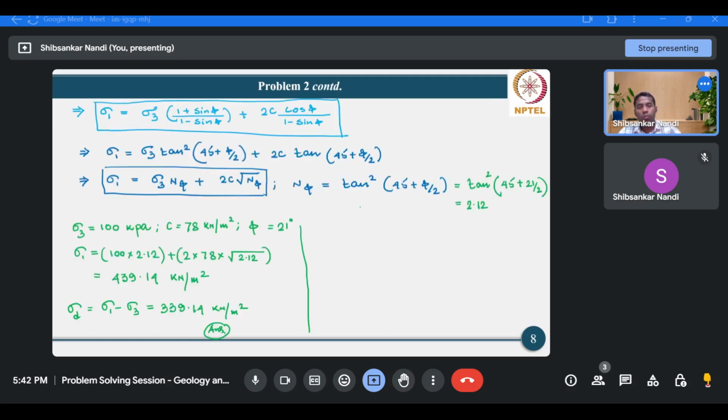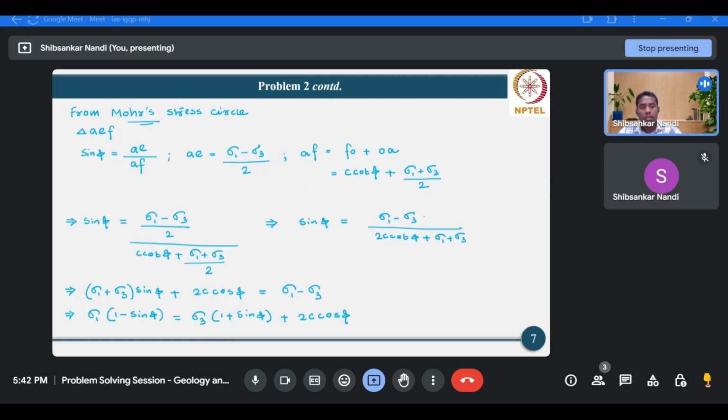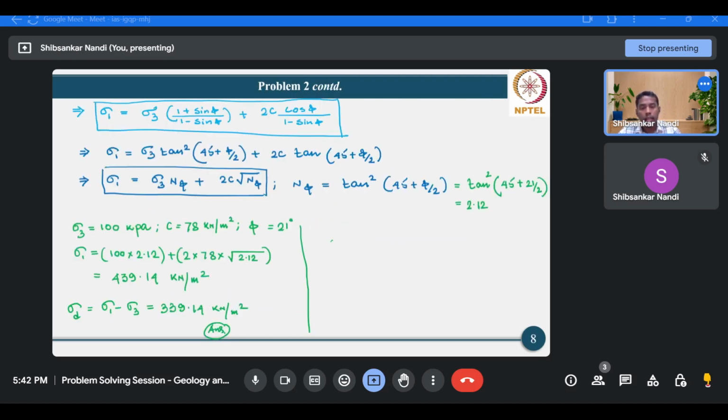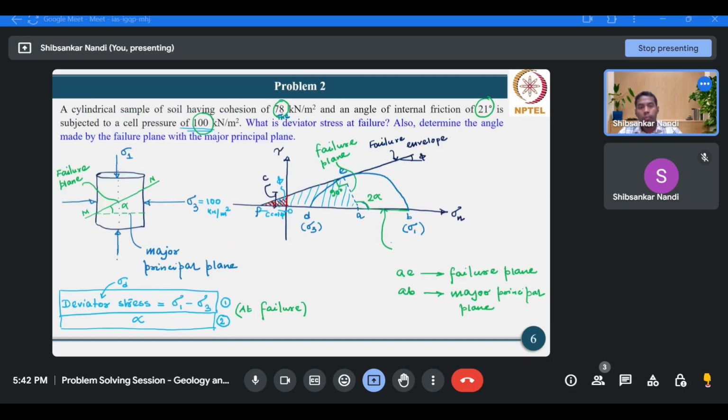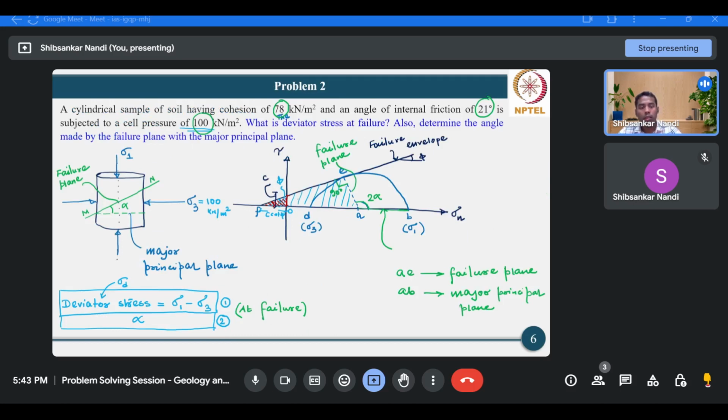So we can write that this angle EAB is a summation of angle AEA plus angle EFA.